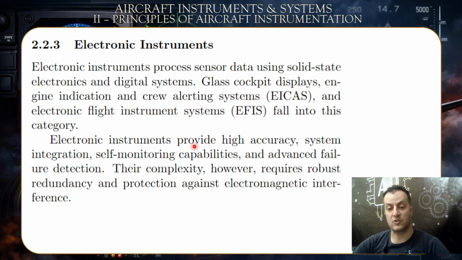Electronic instruments provide high accuracy and system integration, meaning you can have multiple displays on one screen, as we've already discussed, and self-monitoring capabilities, which means the system will immediately notify you when there's something wrong with a value being collected from a sensor. When there's an overheat, it would alert you. If there's something extreme going on, it will fire the master caution alarm so that you notice what's happening.